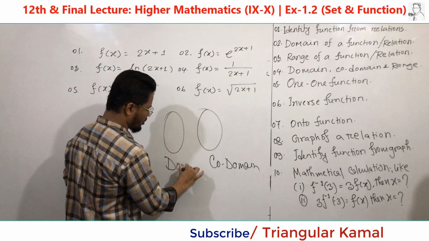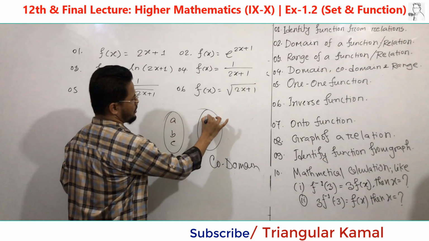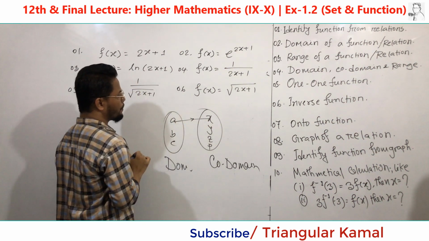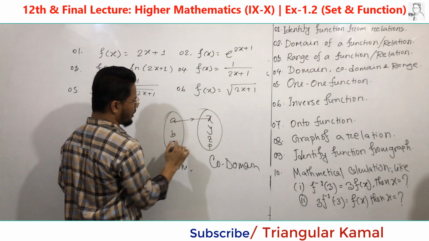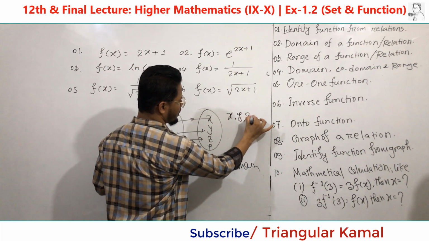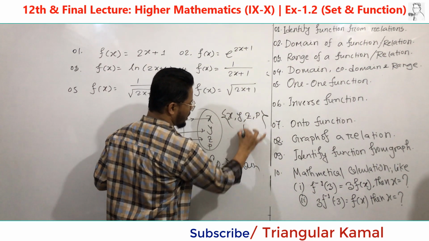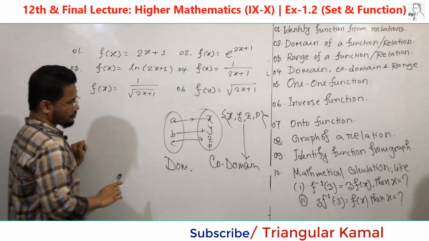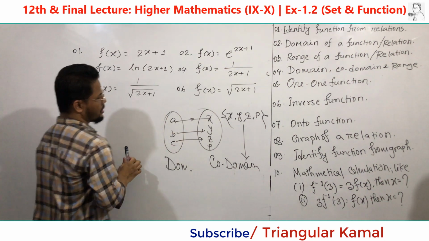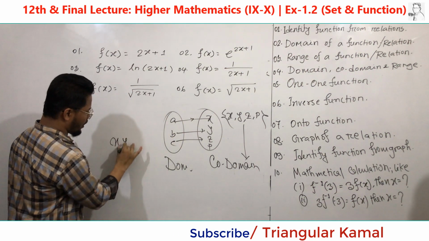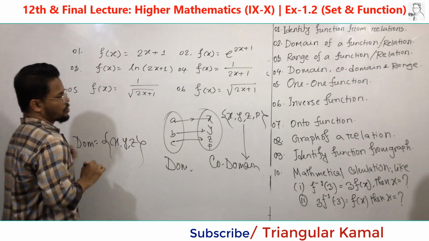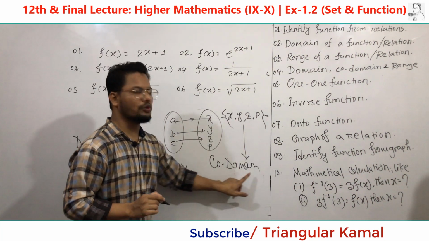We have A, B, C and X, Y, Z, P. We see here the image of A is X, B is Y, C is Z. Here X, Y, Z, P are all codomain, but X, Y, Z are the images of A, B, C. So basically the range is a subset of the codomain.